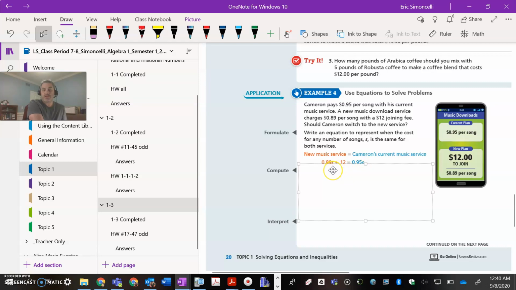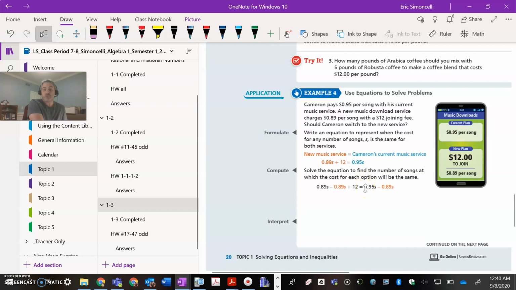So we know 0.89, or 89 cents, times the number of songs plus $12 to join should be equal to 95 cents per song with his current service. Notice the 0.95S quantity is not added to anything because he doesn't have to pay the joining fee with the current service in blue. Solve the equation to find the number of songs at which the cost for each option will be the same.